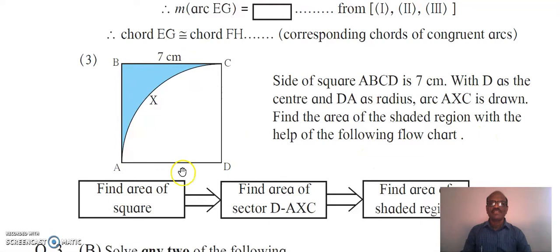If you see this, find out the area of the square and then subtract the area of this sector, that is sector D-AXC. Find out the area of the square, find out the area of the sector, and their subtraction will give the answer.